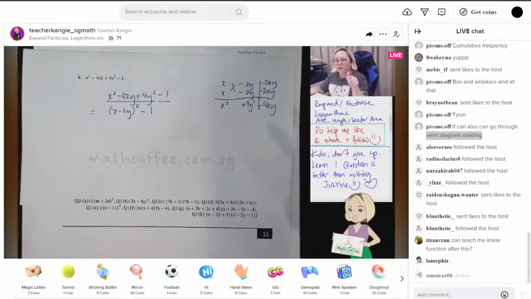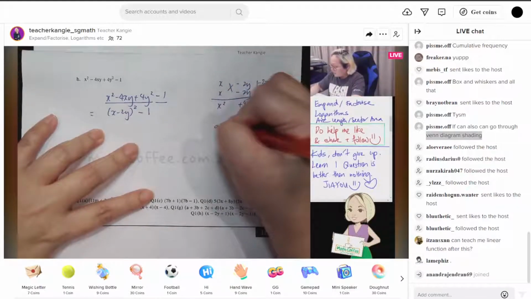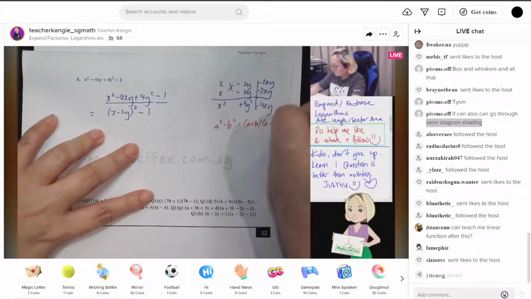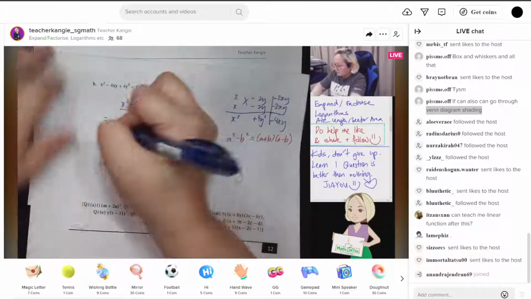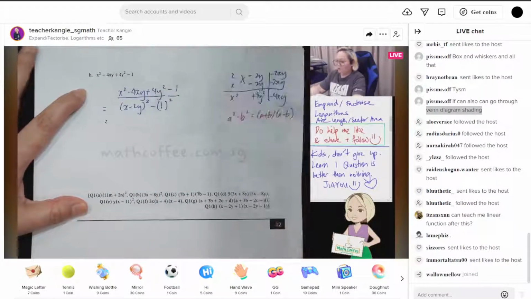This is a tough question. Why? Because it actually used 3 things. Grouping terms, it grouped 3 by 1. Then it used the cross method for the first 3 terms. And then after that, it's going to use a squared minus b squared. So this 1, I can write it as 1 squared.